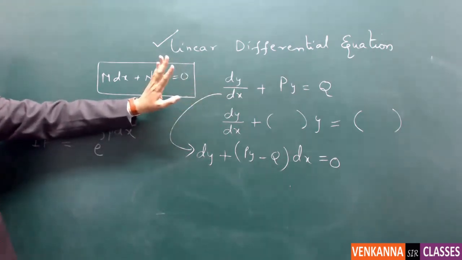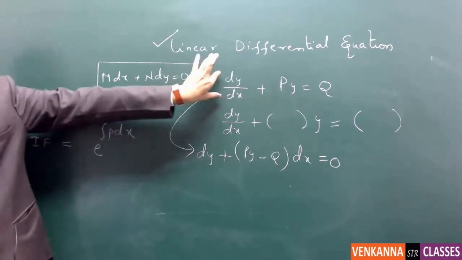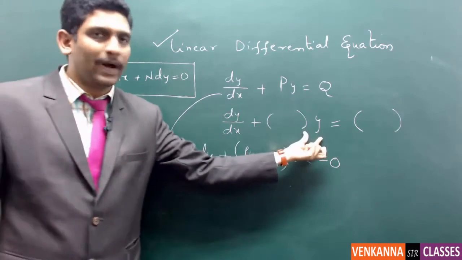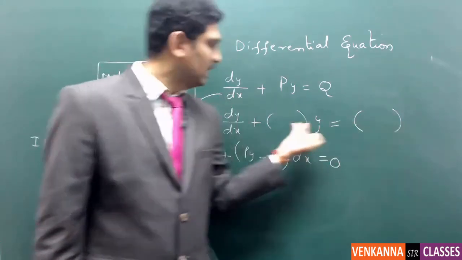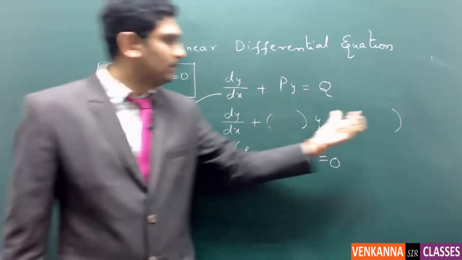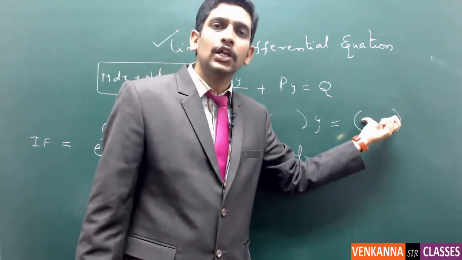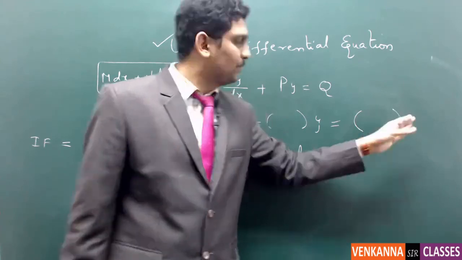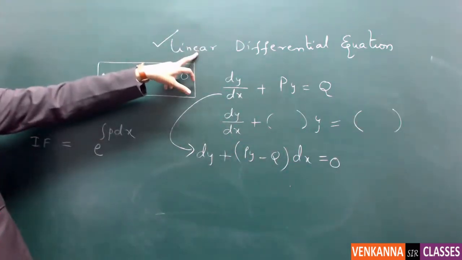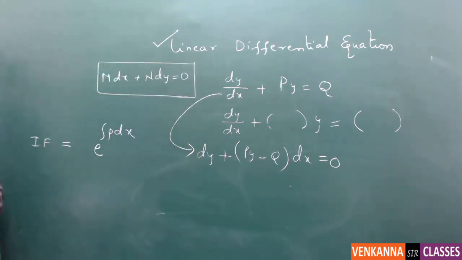Whenever an equation is given in this form, dy by dx plus some value into y equal to some value, where each contains only x terms or a number, such type of equation form we call a linear differential equation.